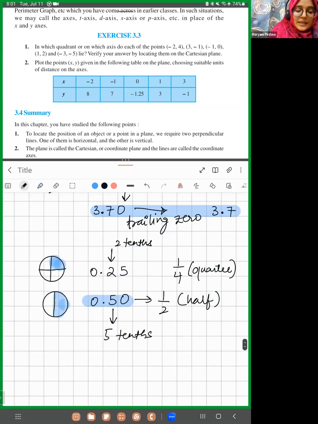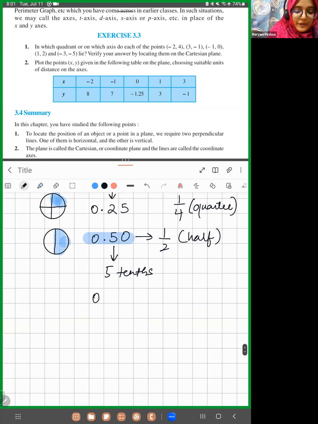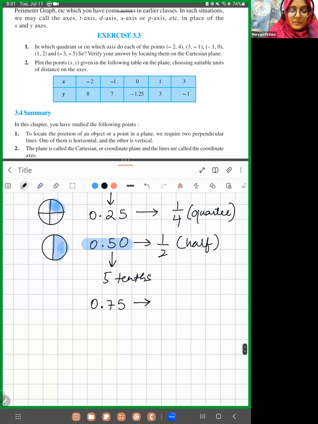And similarly, 0.75. Can someone tell me, 0.75 will be how much when it comes to fractions? Anyone?